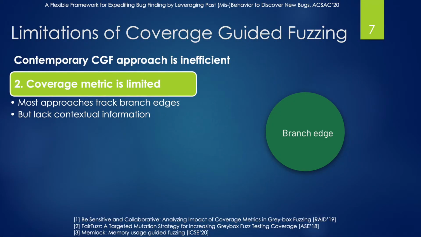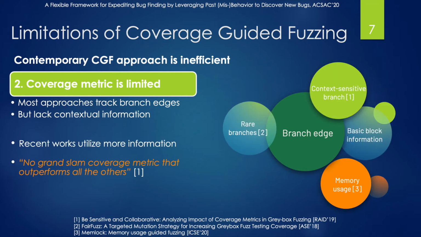Another reason for this inefficiency is due to limited coverage metric. The coverage metric can significantly change the fuzzing performance. Many approaches track branch edge, but they lack contextual information of the paths. Recent works utilize more information, such as memory uses, rare branches.